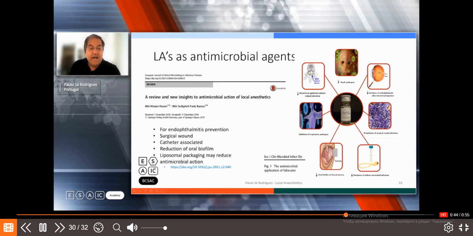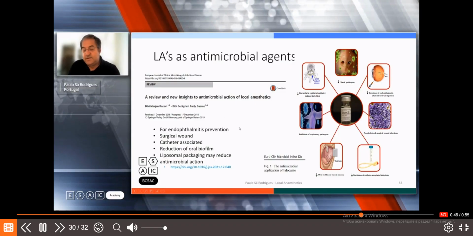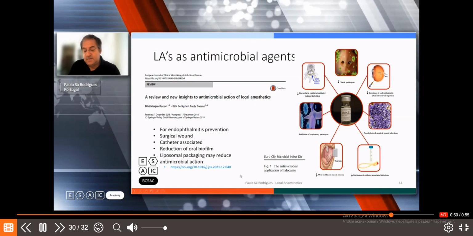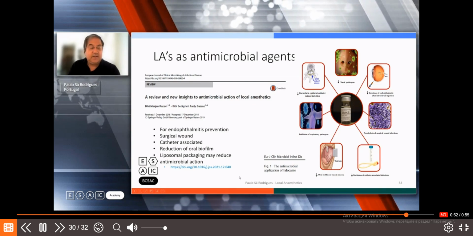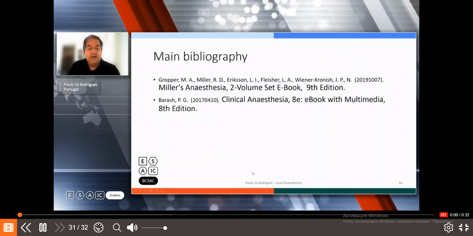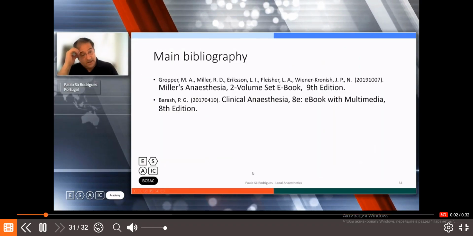So there is a lot of research going on into these potential usages of local anesthetics.